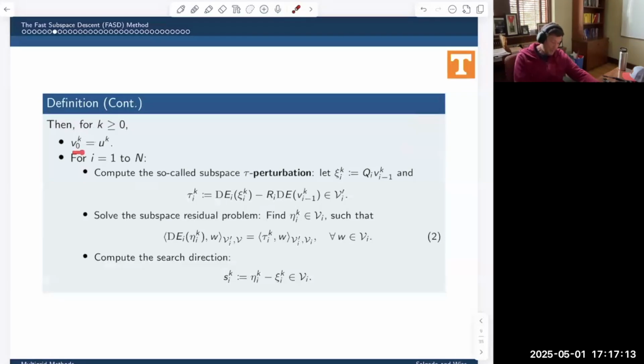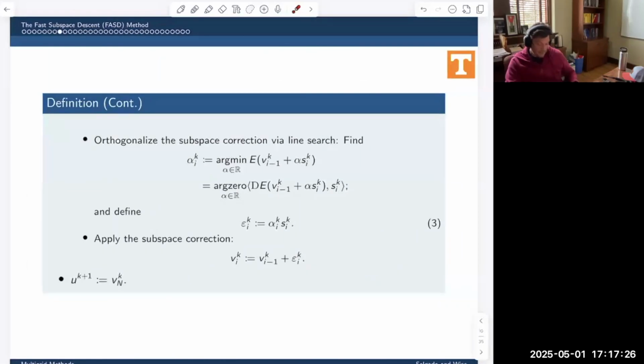As before, we're going to copy over the current iterate into something called v_0, and now we're going to compute a bunch of corrections, right? The corrections ultimately should be something that we add on to v_{i-1}^k to get v_i^k. That's how these corrections all work. The only thing is, how do you compute those corrections?